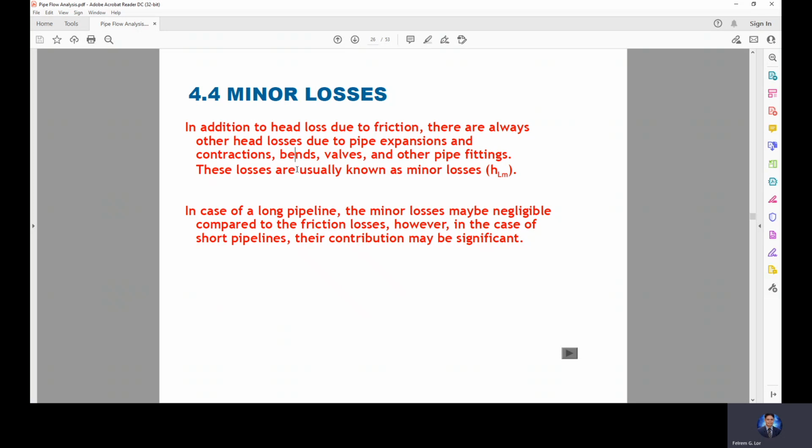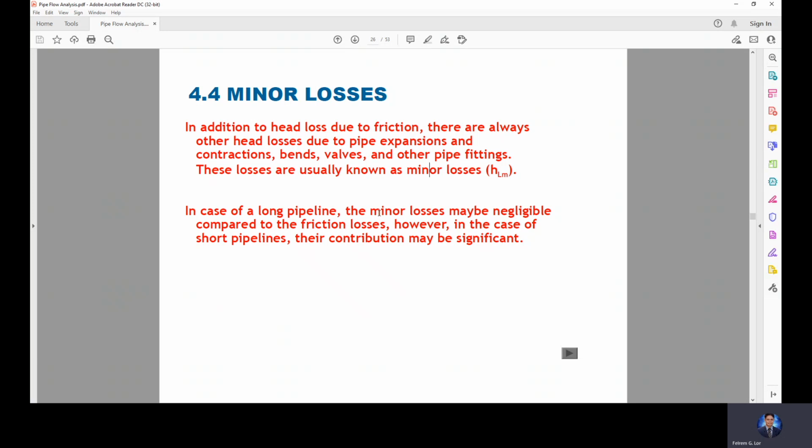So therefore, you have friction losses. Those are just minor losses. There are bends, which actually change your momentum. There are valves, fixtures you place between your pipes, and other fittings. So these losses are usually known as the minor losses.